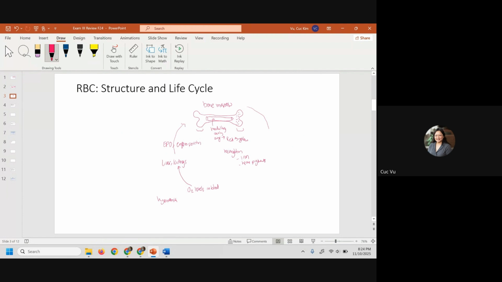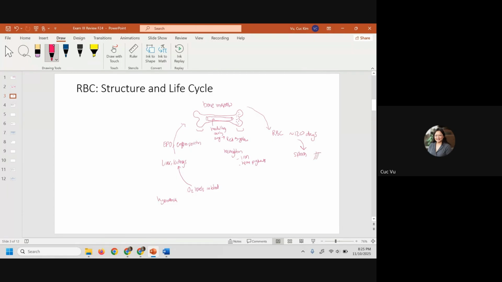Okay. And then the red blood cells, once produced, are going to live for how many days? About 120. Because it has no nucleus, it can't repair. So after 120 days, it's going to end up where? In the spleen. The spleen is known as the graveyard of red blood cells, which makes sense because it has lots of reticular fibers.